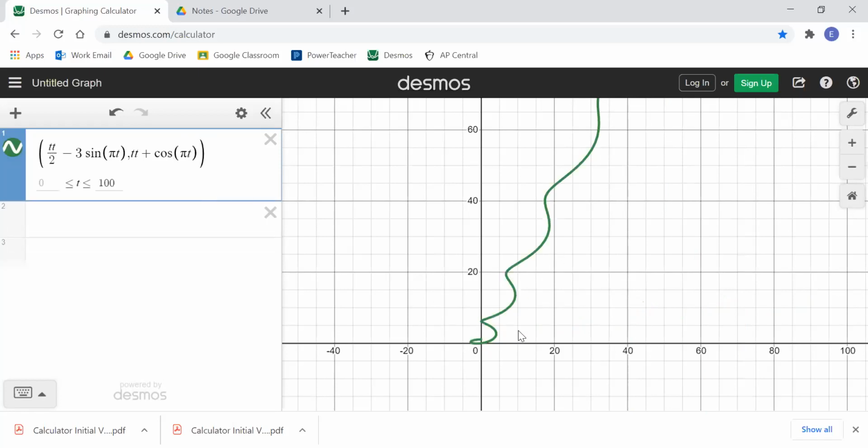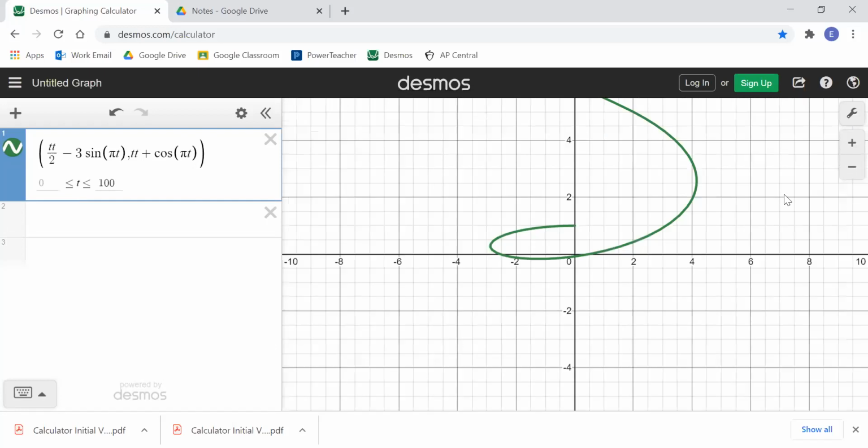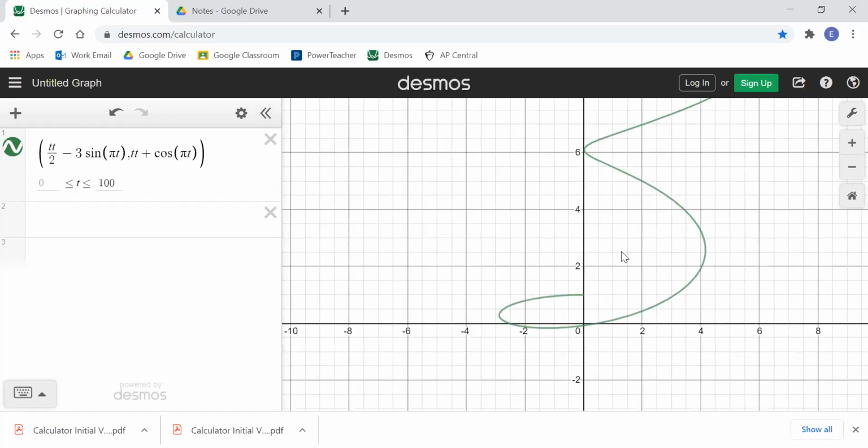So it looks like this. That's even cooler. So it starts actually here at 1,5. Now this is 0,2.